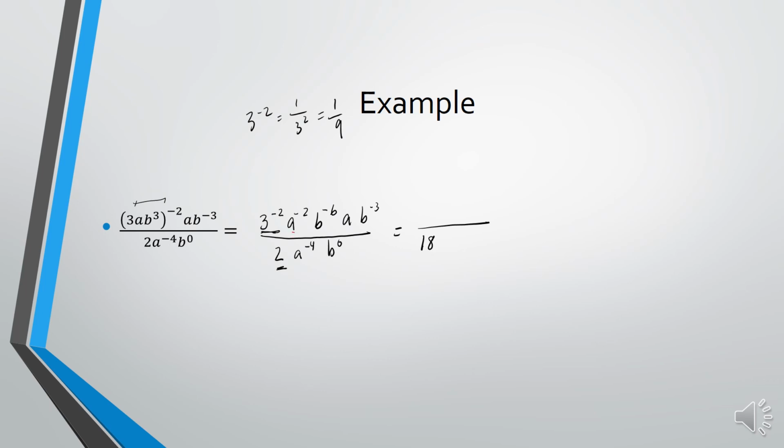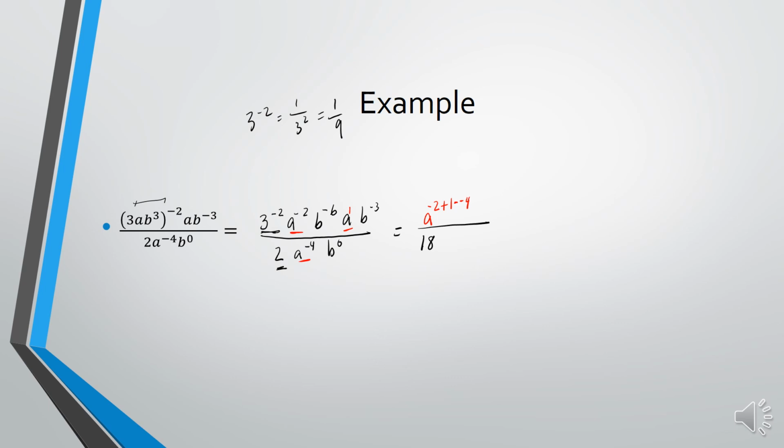Next, let's look at a. So I have a squared, an a on the top, and a to the negative 4 on the bottom. So that's going to give me a to the negative 2 plus 1, that 1's coming from right there, minus a negative 4, because I had a to the negative 4 on the bottom.